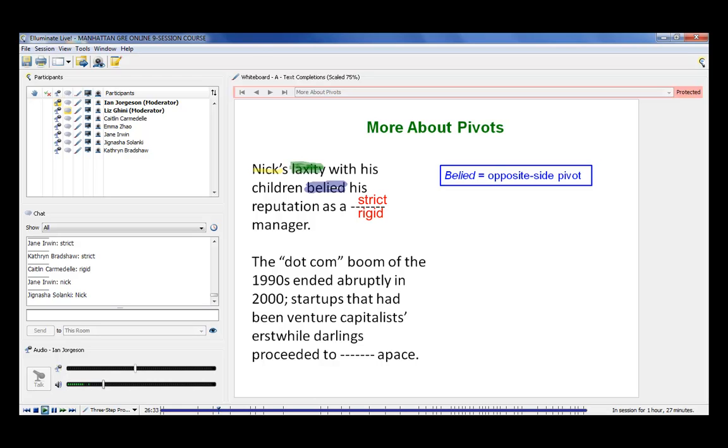All right, let's see a different one of these, a slightly different one. So we've got: the dot-com boom of the 1990s ended abruptly in 2000. Startups that had been venture capitalists' erstwhile darlings proceeded to blank apace. All right, you guys talk to me. What's the clue here?